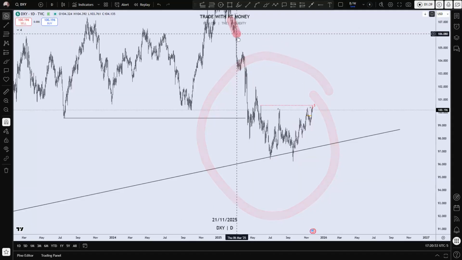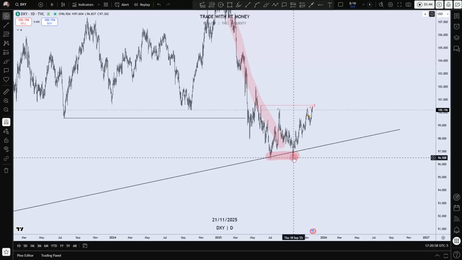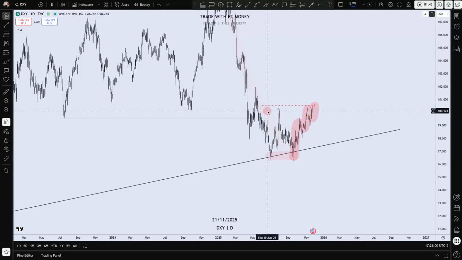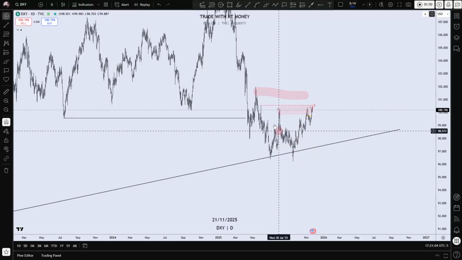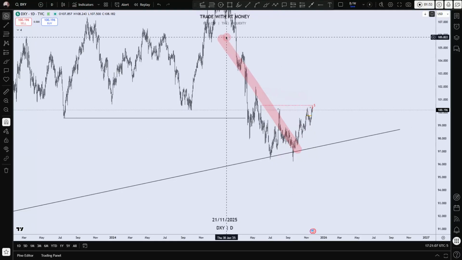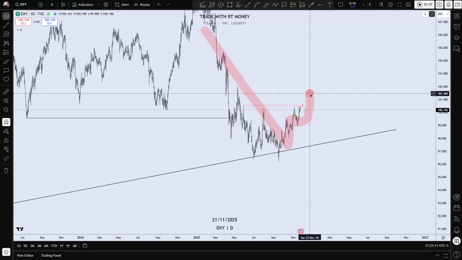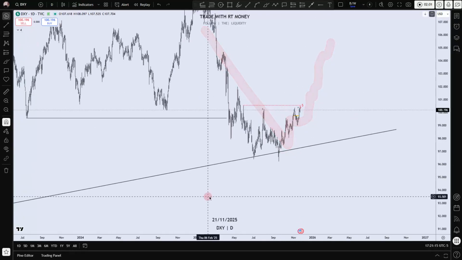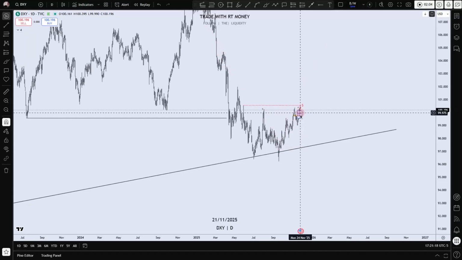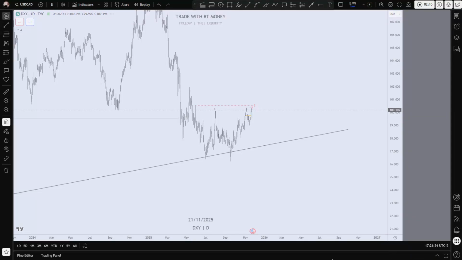Yes, overall the market was moving bearish, but it looks like we are turning around and heading towards these highs here. These highs would indicate that the pullback is over and the new bullish leg may potentially be beginning. And the market has been pretty strong as of late.